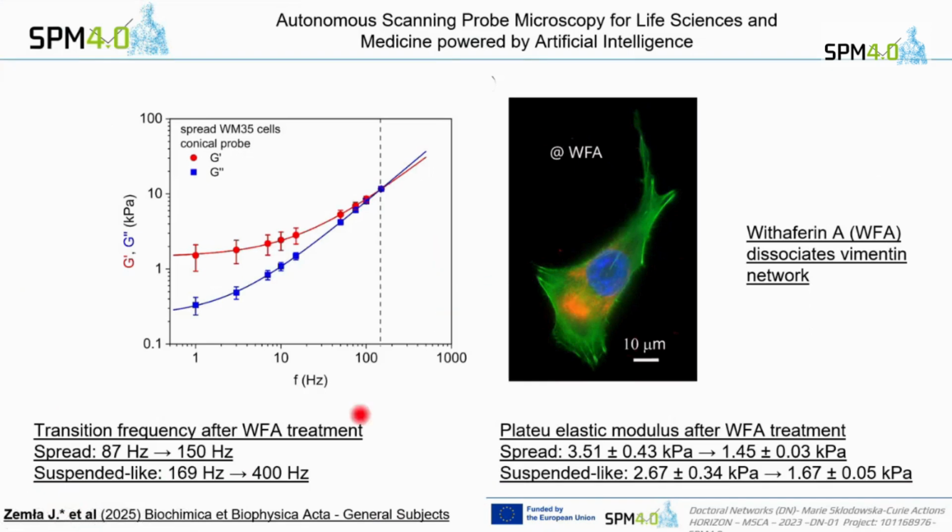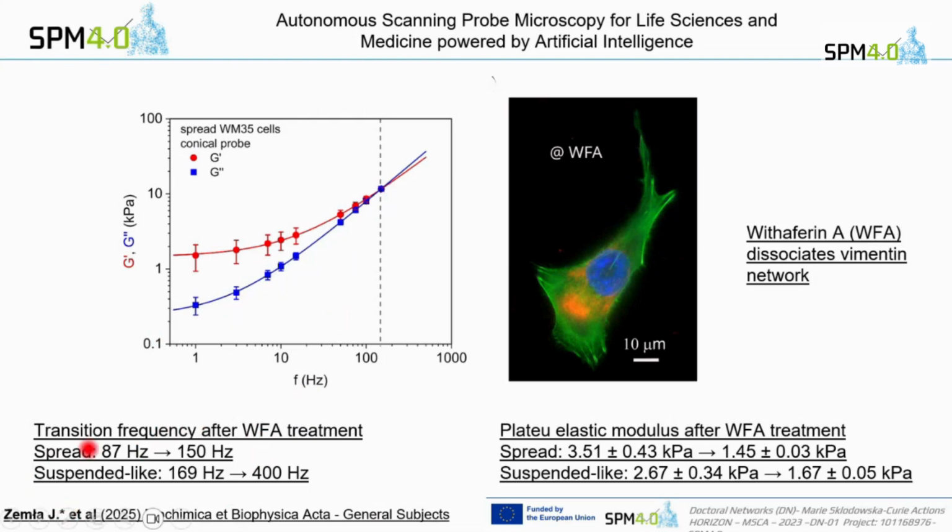So we checked that by targeting vimentin intermediate filaments. So here you can see that we no longer have a nicely developed intermediate filament network, and as a result, G prime and G double prime were lower, and the transition frequency shifted.